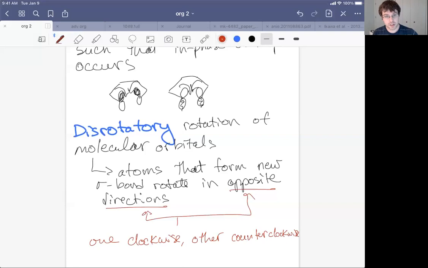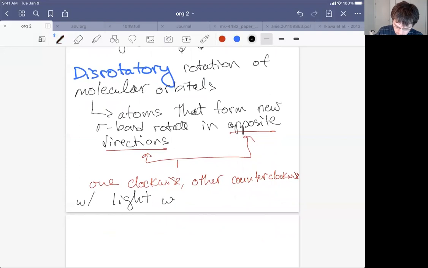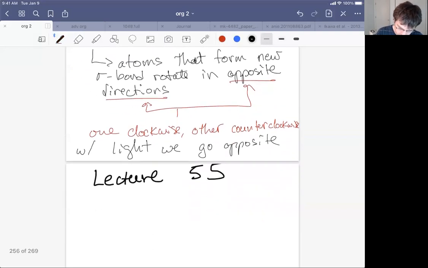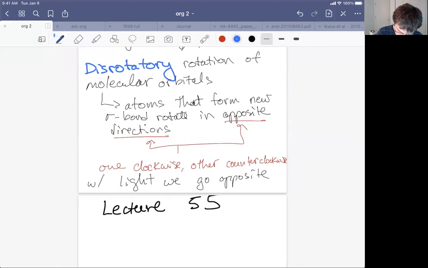And what's interesting about that is that's opposite of what we see with light. With light, we go opposite. And just to connect this to the next lecture, which I believe is lecture 55, kind of committing to an order here, we would get into what's called conrotatory rotation.